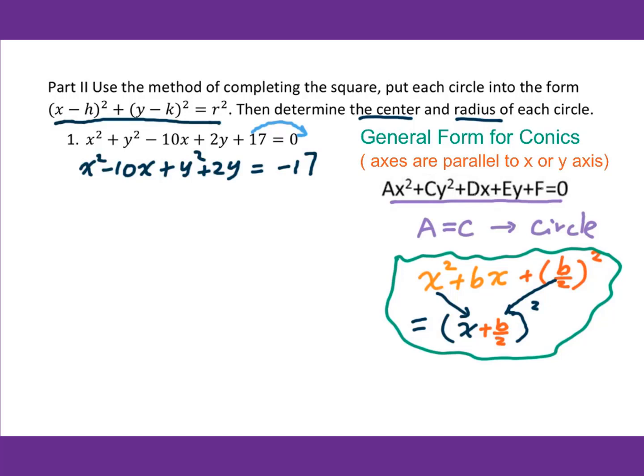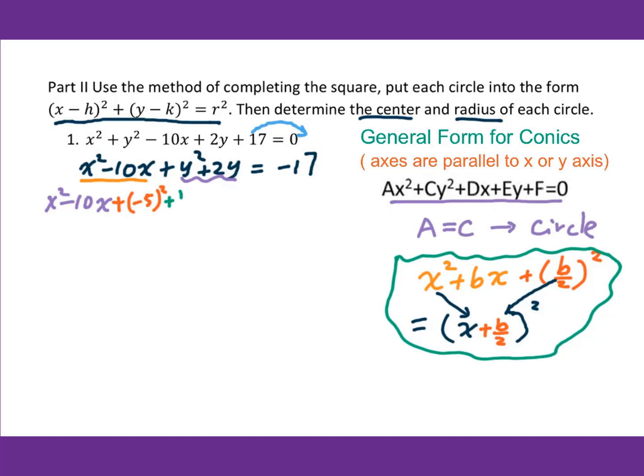Now we do the completing the square for x and also for y. For the x part, we have x squared minus 10x. I need to add (b over 2) squared, meaning (negative 10 over 2), that's negative 5 squared.